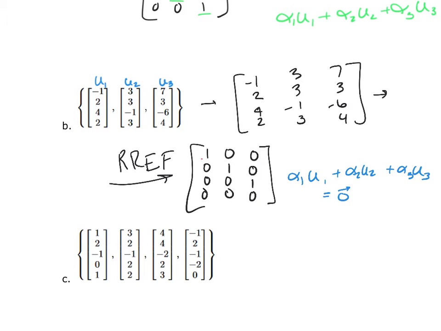We know that because my number of pivots, r, is equal to 3, and the number of columns I have is equal to 3. So my pivots equal my number of columns. Again, this one is linearly independent.